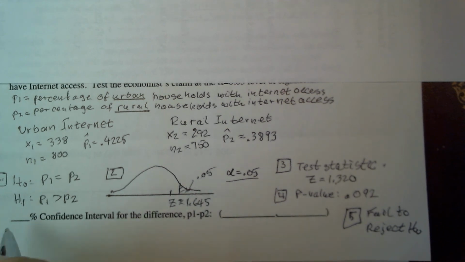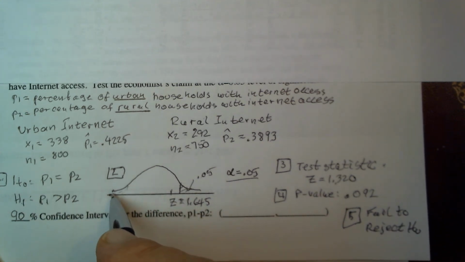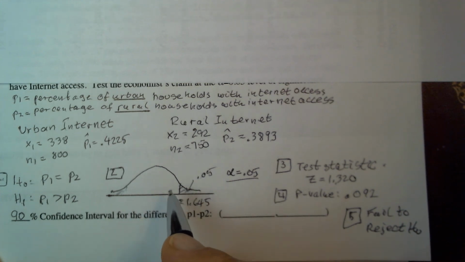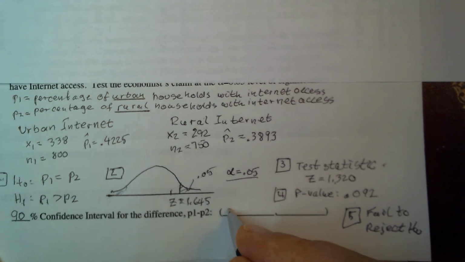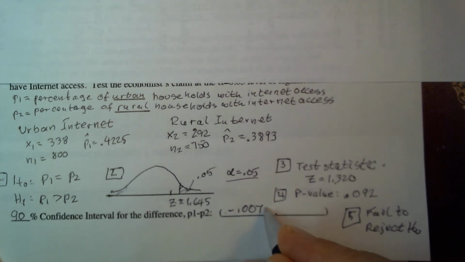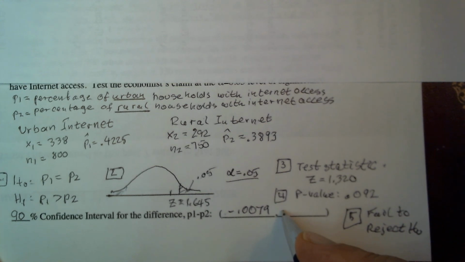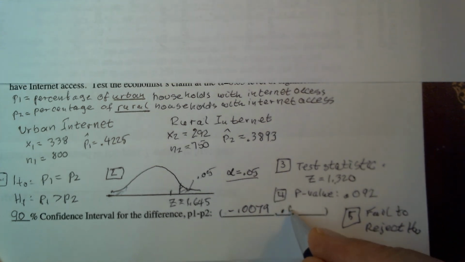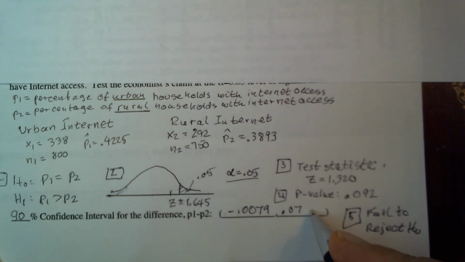When we compute the confidence interval, remember it needs to be 90% because we need to balance the right side with the left side, the 5% as explained before. So in the middle we have 90%. For the 90% confidence interval, our confidence interval is minus 0.0079 to 0.07419.